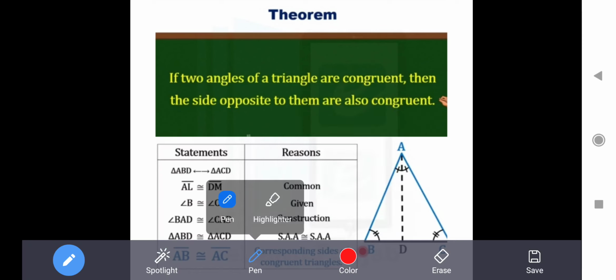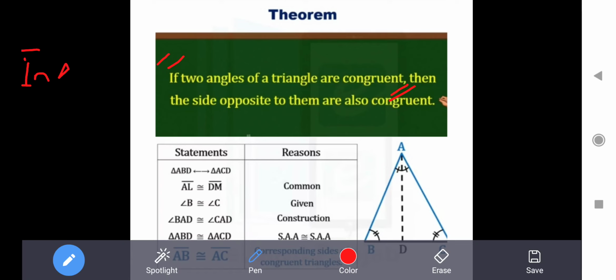When you see the statement, right after the statement, take it up to the comma. If two angles of a triangle are congruent, means in triangle ABC, the original triangle is triangle ABC.